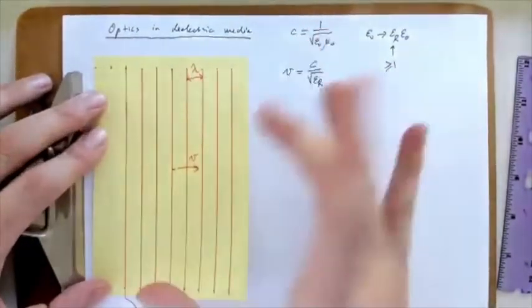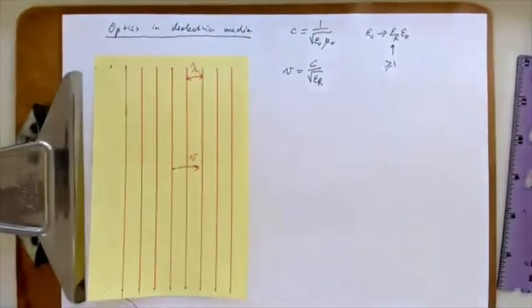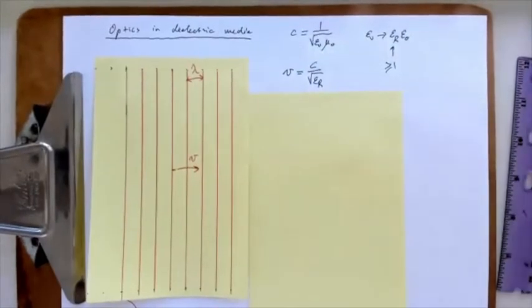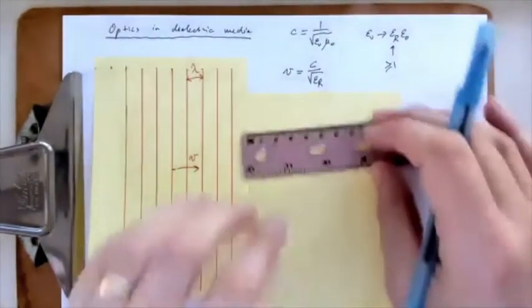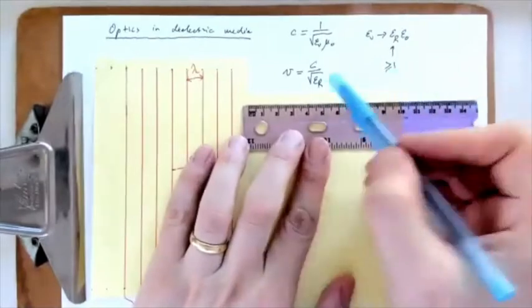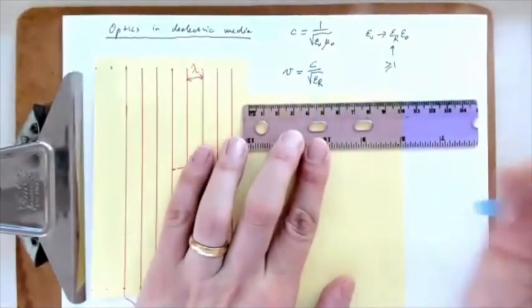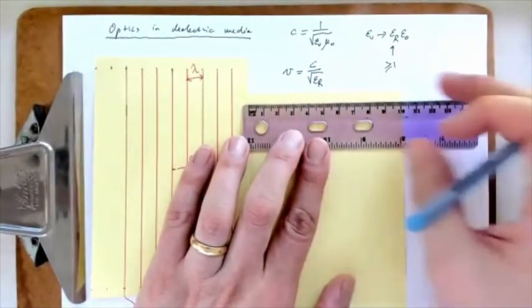We can call this vacuum. And then we have medium number 2 here. We can call it glass if you want. So it slows down. Because it slows down, the speed is lower, and therefore the wavelength is also lower, because the frequency is not changing.